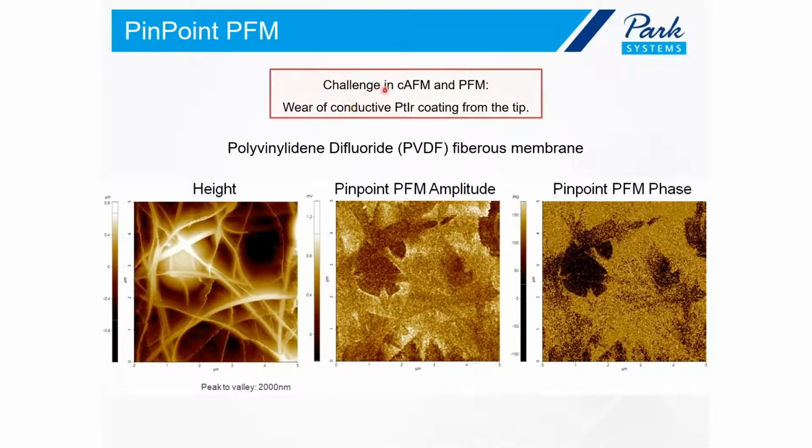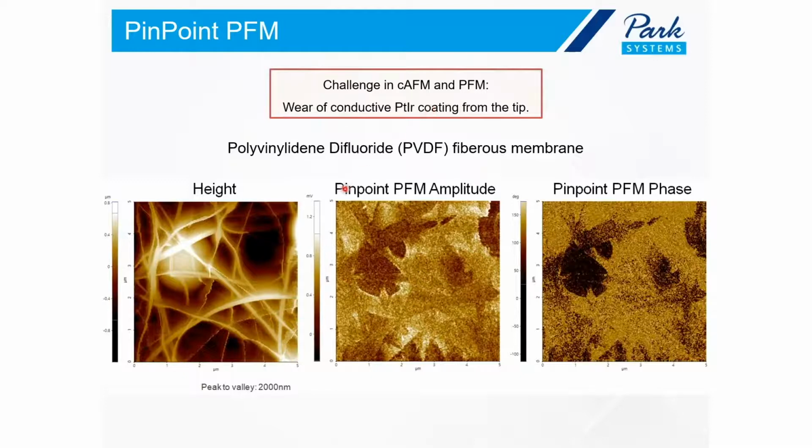A very common challenge in conductive AFM and conventional PFM is the wearing off of the conductive platinum-iridium coating from the tip. And once this conductive coating is rubbed off, your cantilever is no longer conductive and will lose signal. I've seen samples where after a couple of scan lines, we lose signal in conventional conductive AFM.